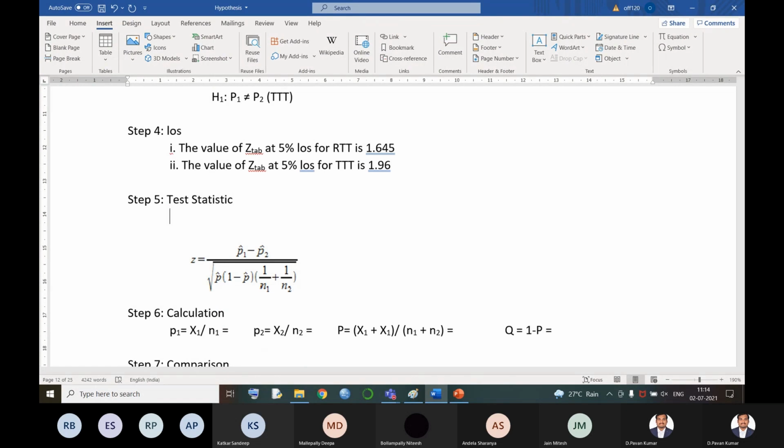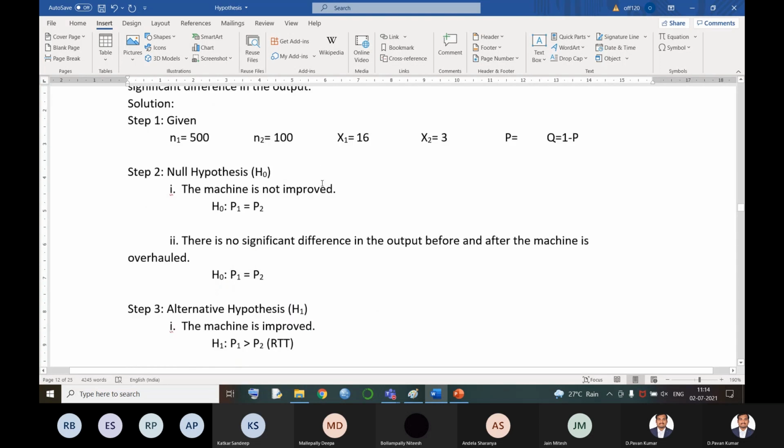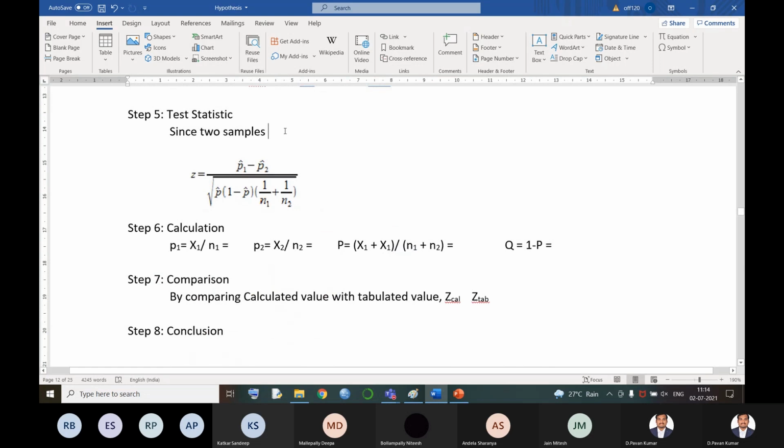Why does this problem belong to difference of proportions? Since there are two samples, what are those two samples here? Both are greater than 30, right?